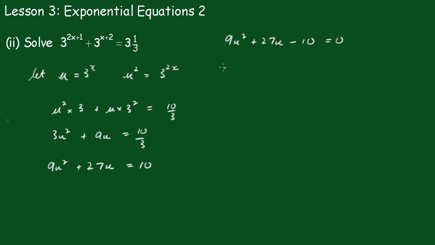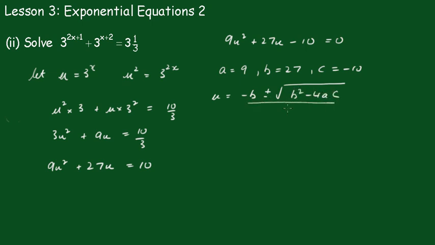So I'm going to say my a is equal to 9, my b is 27, and my c is minus 10. So u equals minus b plus or minus the square root of b squared minus 4ac, all over 2a. So u is equal to minus 27 plus or minus the square root of 27 squared minus 4 times 9 times minus 10, all over 18.